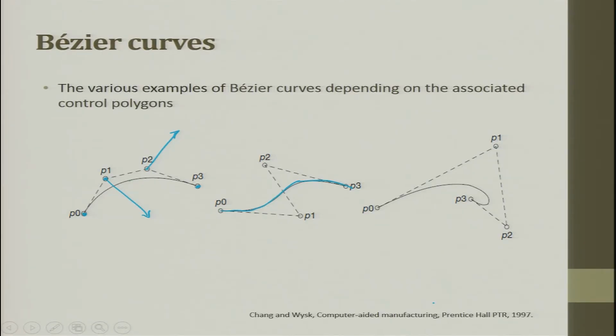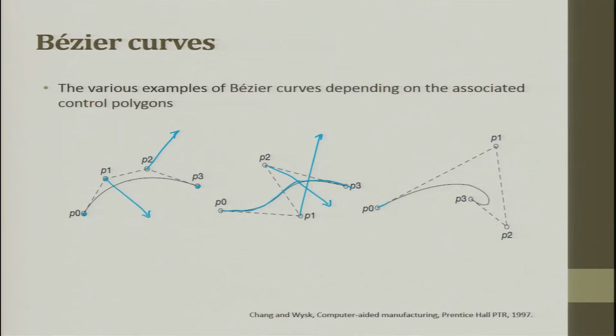I have just changed the control points, but the start point and end point are approximately the same. The next one is I have used the same starting point and ending point, but still moved P1 to this side and P2 somewhere here.